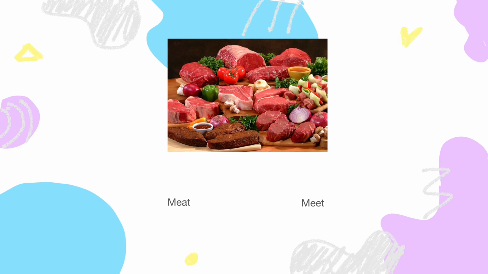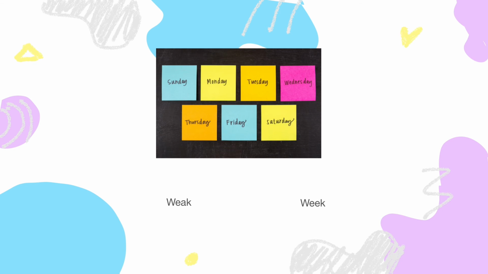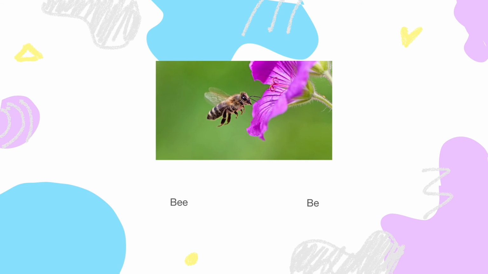What is the picture called? Meat or meet? What is the picture called? Tail or tale? What is the picture called? Week or weak? What is the picture called?